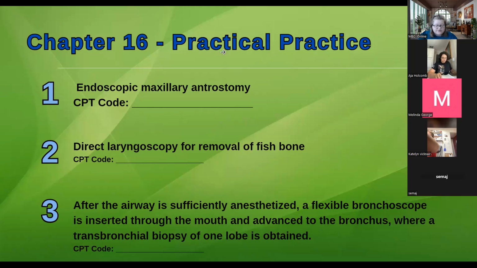All right, so what did you get to, Asia? The first code was 31256, and on page 209, 31256 says nasal/sinus endoscopy, surgical with maxillary antrostomy. Perfect. I don't see anything around that that's going to match it any better, so that's pretty cut and dry: 31256.